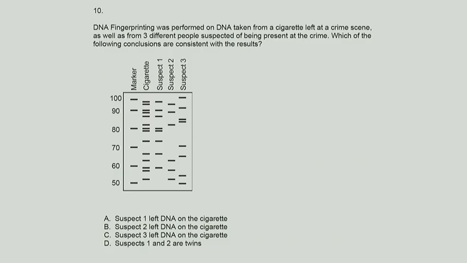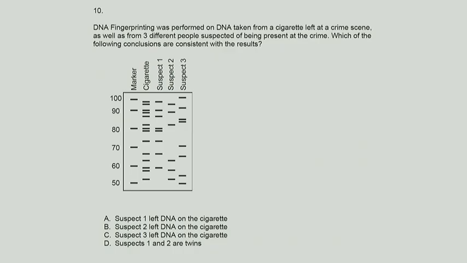Okay. DNA fingerprinting was performed on DNA from a cigarette left at a crime scene. Which of the following conclusions are consistent with the results? So whose DNA is on this cigarette based on the banding patterns? Suspect 1, right? If you look at suspect 1, all of those line up. What about suspect 2? Also, yes.